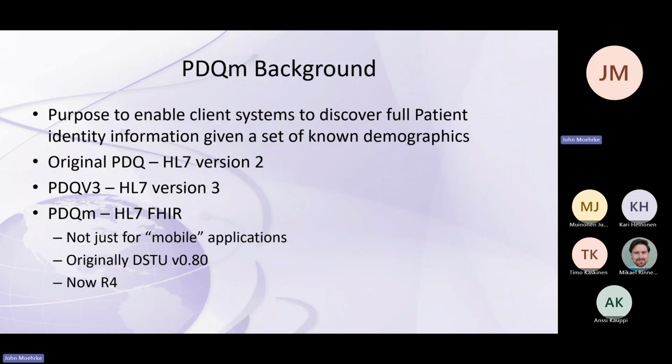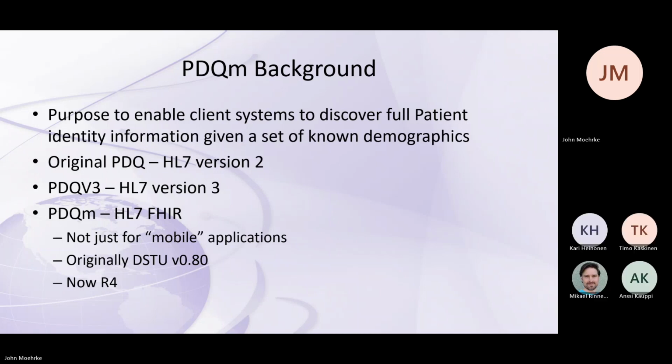I haven't found a better word, but I do regret using the term mobile. The intent of mobile is to say, if you have mobile apps that have to engage, those mobile apps really cannot use the heaviness of V3. They really can't use the oddness of V2. So they have a RESTful stack. They have JSON. So the difference in PDQm is because we want to be able to address these mobile applications.